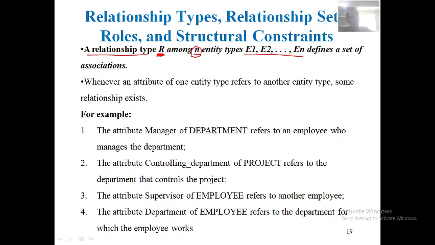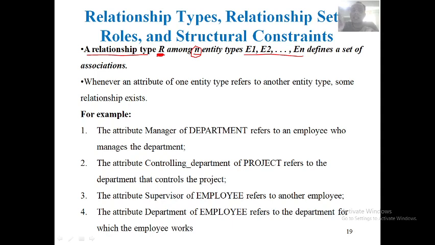Now see how a relationship exists. Whenever an attribute of one entity type refers to another entity type, some relationship exists.